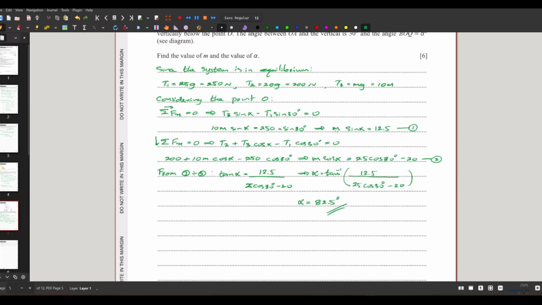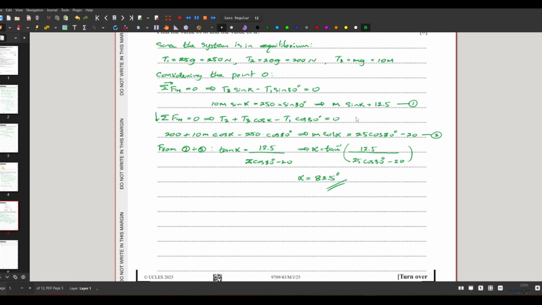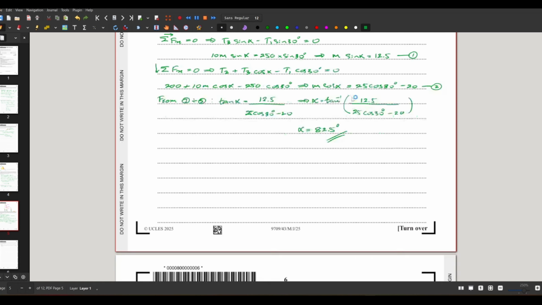Okay, so then how can we find m? We can simply use equation 1.